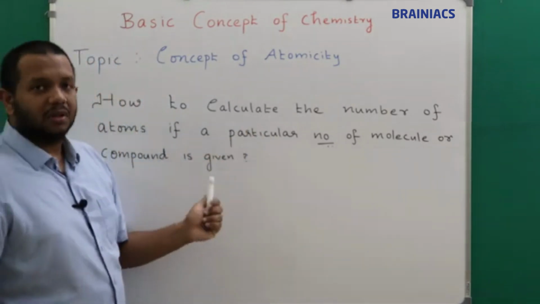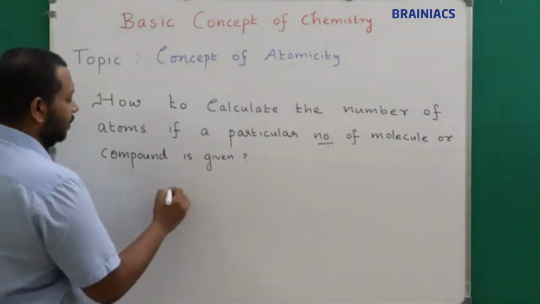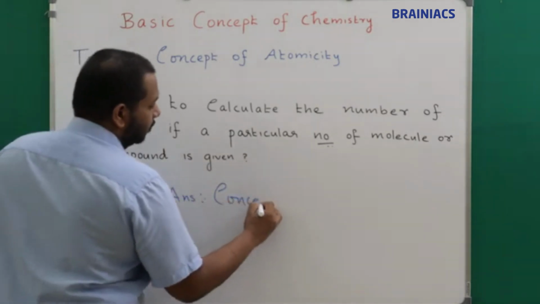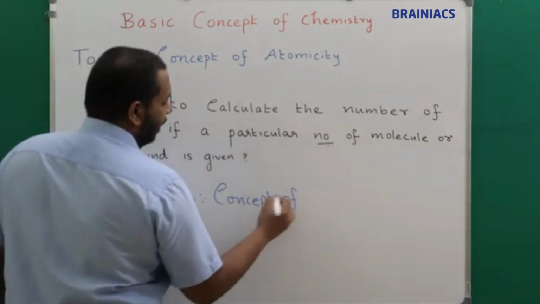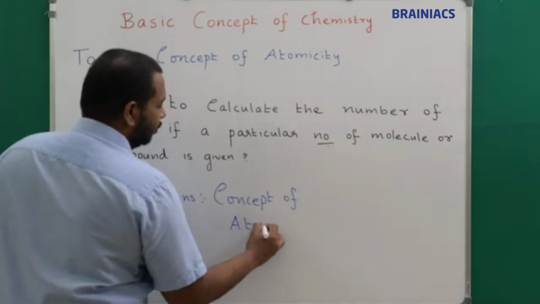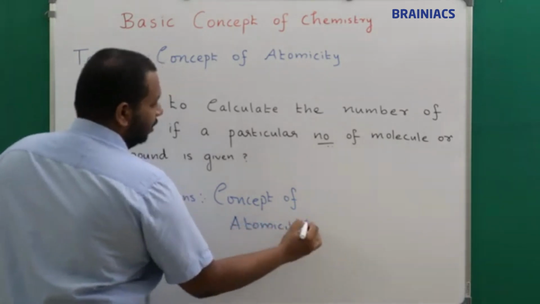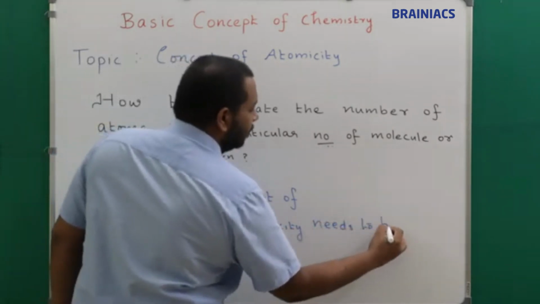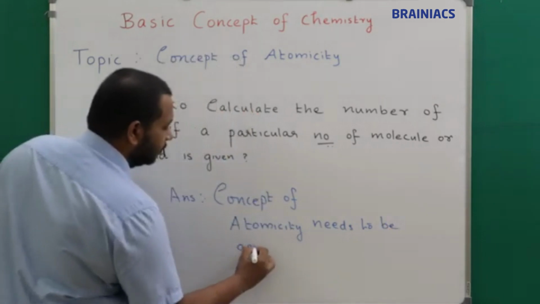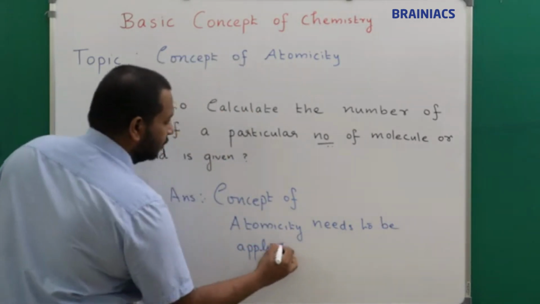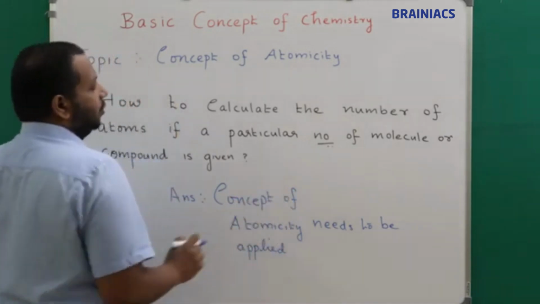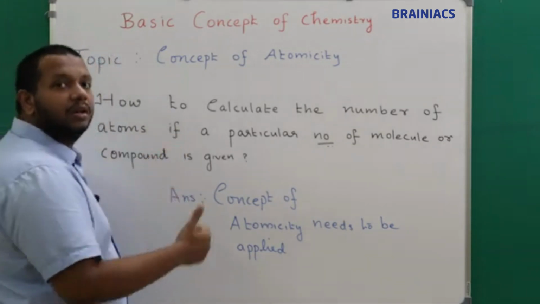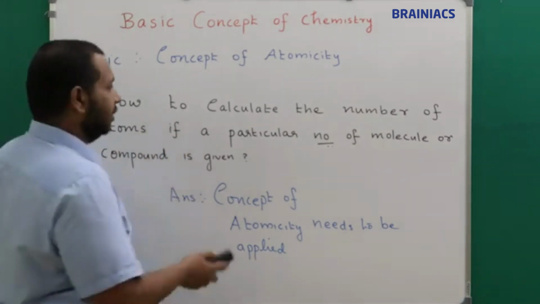So the answer for this question is that the concept of atomicity needs to be applied. We will see what atomicity is in detail, and also how to deal with questions of that nature.